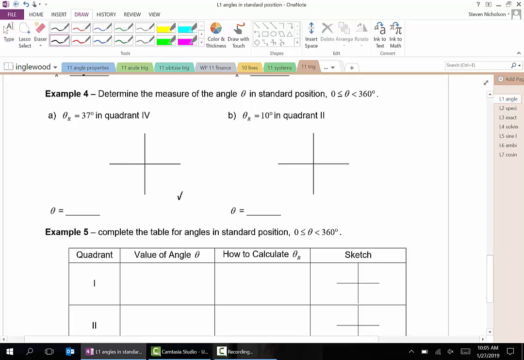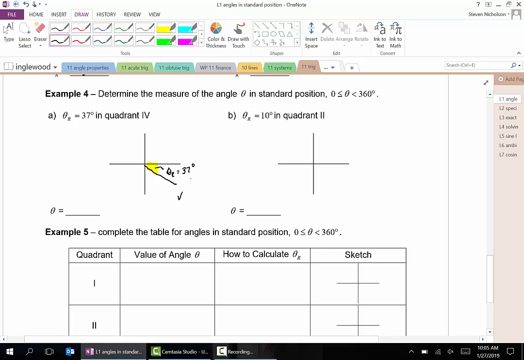So quadrant 4 is down here, and we're going to draw an angle that's 37 degrees. So I'm just going to draw this angle. Again, it doesn't have to be perfect. As long as we know that this is theta r. So theta r is right here, and theta r is 37 degrees.